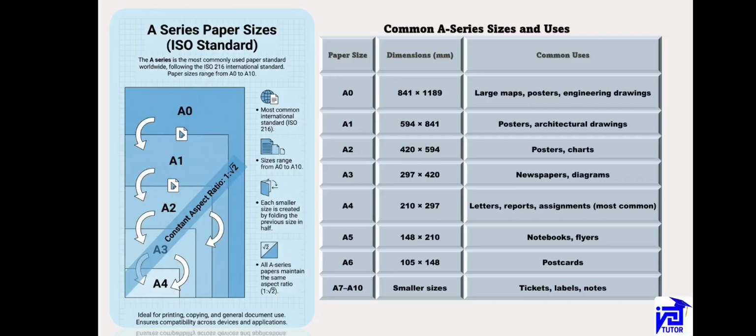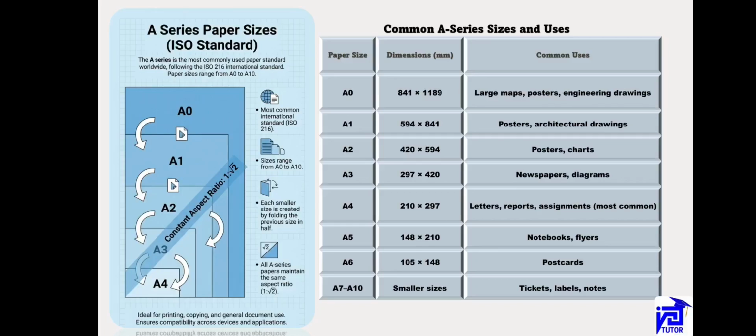But if I'm going higher, and I want a bigger paper size, I would have to double the shorter side. The width will be doubled, which means for me to get A3, I'm combining the two shorter sides of A4. So what are we saying? For A4, the longer side, which is the length, is 297 millimeter.